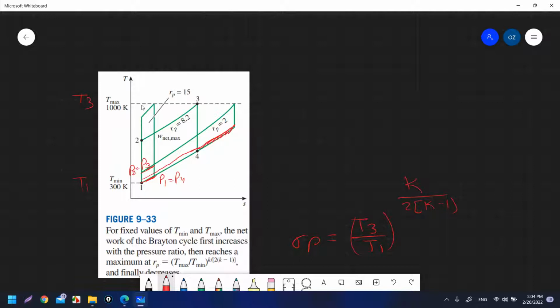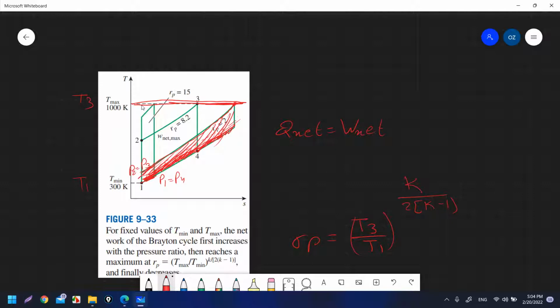Then the area enclosed inside the TS diagram is equal to Qnet, and Qnet is equal to Wnet. As you can see, it is a very small area. So by increasing P2 equal to P3, we are increasing also the area. By reaching a maximum P2 equal to P3, when we touch this line, the maximum temperature line, we will have the maximum work. So that is for rp equal to 2.